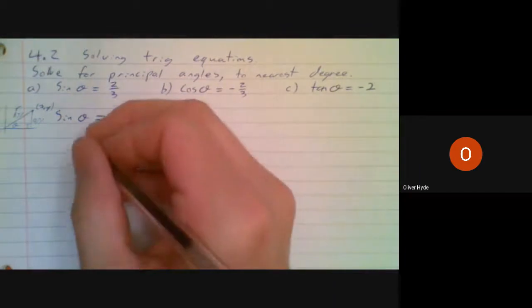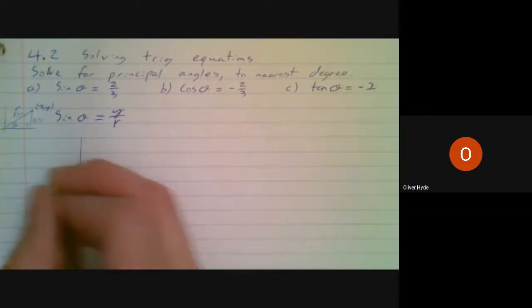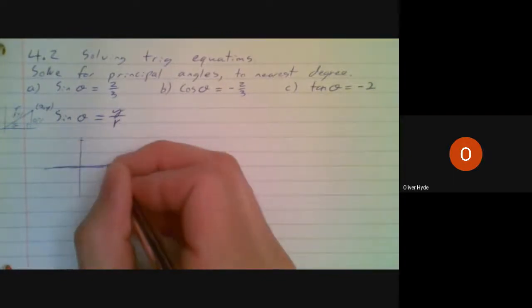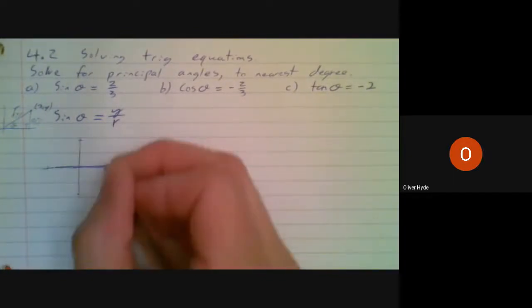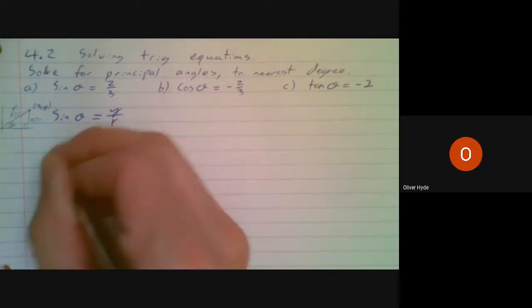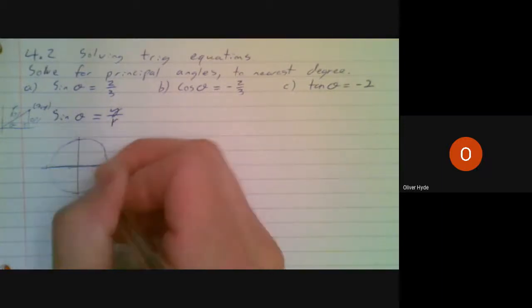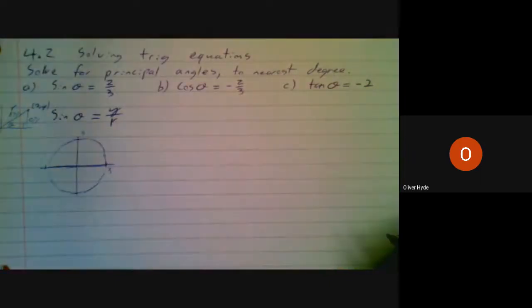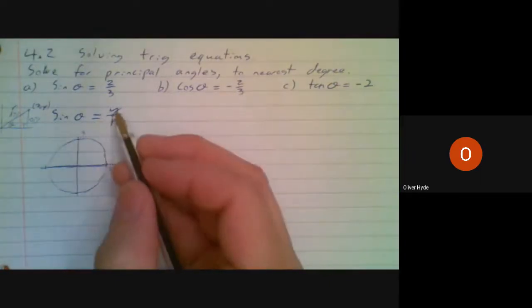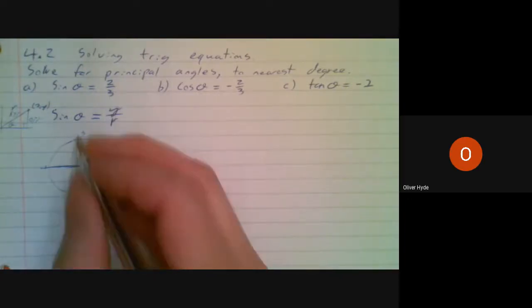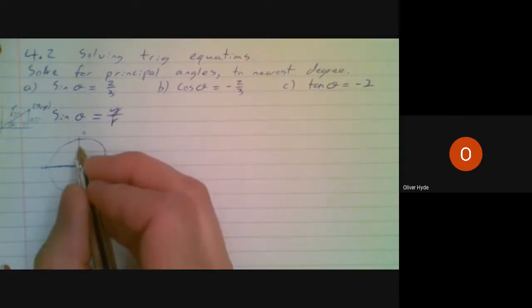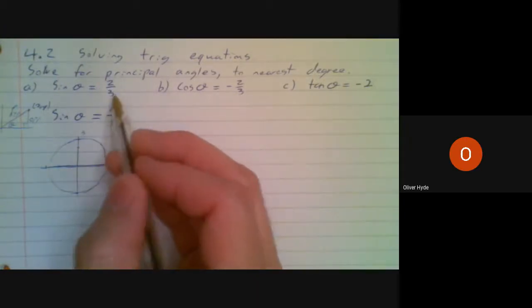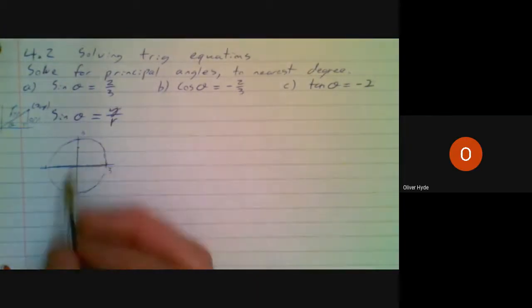But what I'm going to do is draw myself not a triangle, but a circle of radius 3 somethings. Now this could be 3 centimeters or 3 inches or 3 feet or 3 meters, 3 millimeters. It does not matter because we're talking about a ratio. So that's 3 somethings. And I'd like to find a height, a y value of 2 on this. This means that the y value that I'm interested in is going to be about 2/3 of the way up my triangle, or sorry, up my circle.